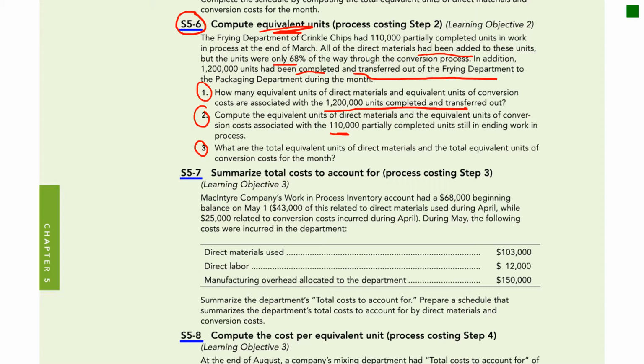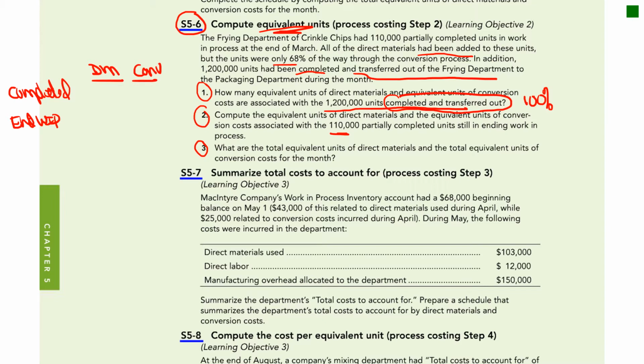So one little thing you've got to remember is that anything that has been completed and transferred out will represent 100% completion no matter what. So if I'm going to write out my schedule over here where I've got completed and transferred out, and I've got my ending work in process, all right? And so I'm going to label direct material and then conversion.